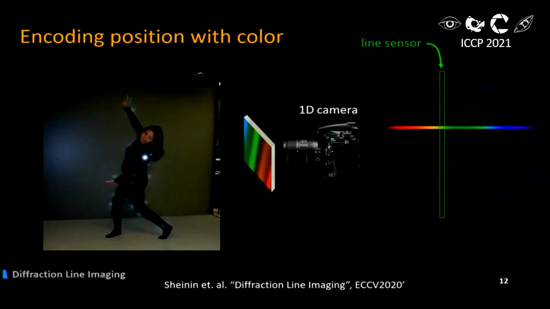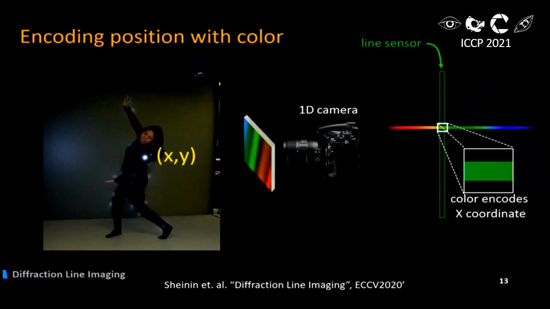So why does diffraction line imaging fail in these denser scenes? Firstly, unlike other methods, point positioning in diffraction line imaging relies not only on the PSF shape, but also on the PSF color. The method assumes that the color measured at each vertical position belongs to a single scene point and can therefore be mapped directly to that point's horizontal position.